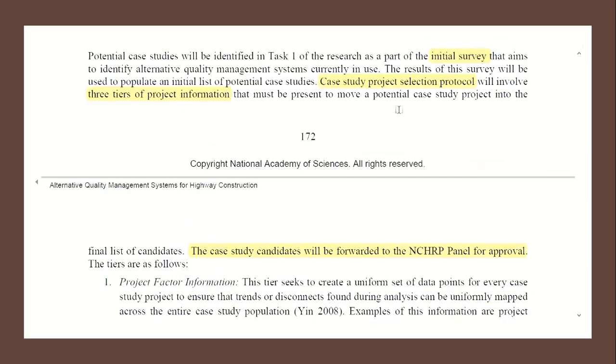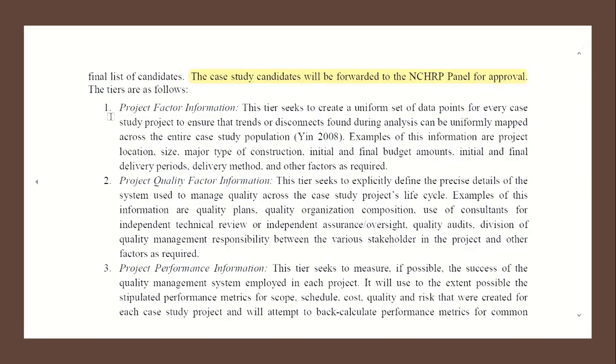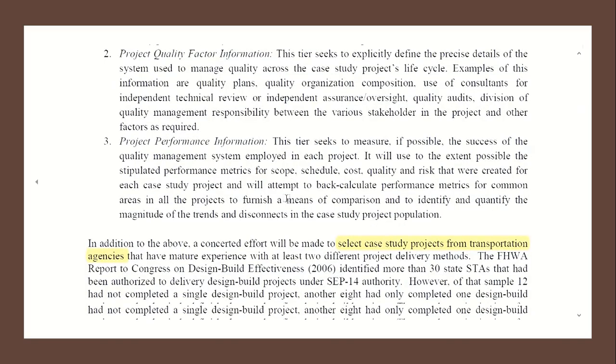And they have a case study project selection protocol that involves 3 tiers of project information. And they submitted the case study candidates to the NCHRP panel for approval. These are 3 tiers that each candidate must have this kind of information to be qualified into the final list.